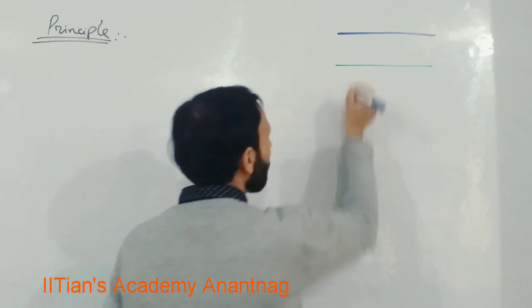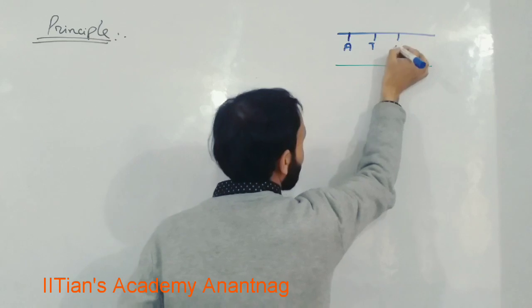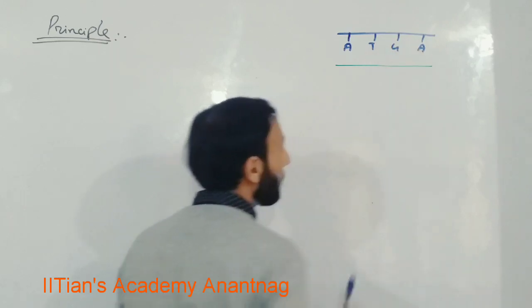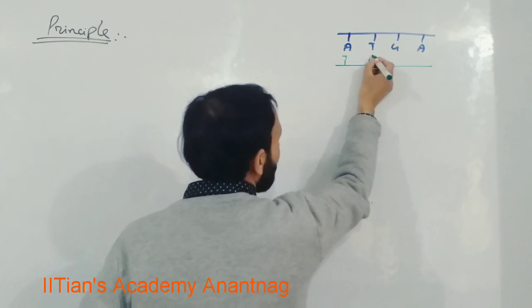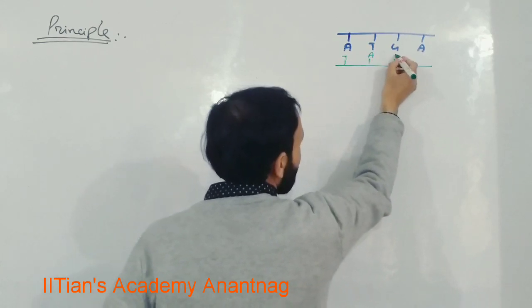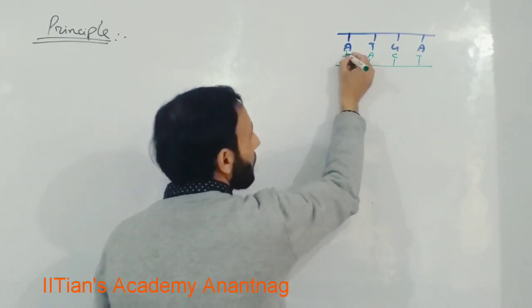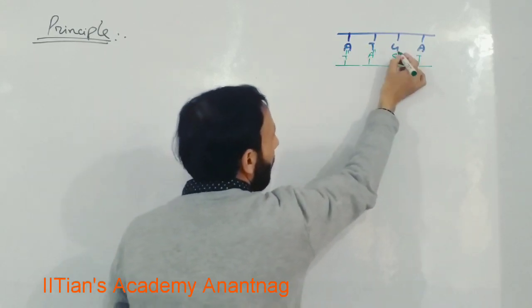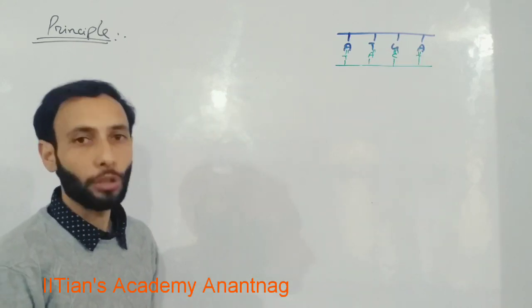If this double-stranded DNA molecule is heated by applying higher temperature, these two strands will get separated. This process is called melting of DNA or denaturation of DNA.